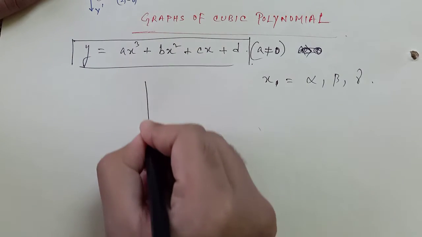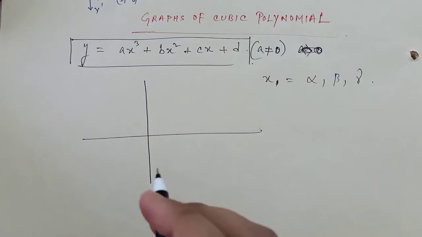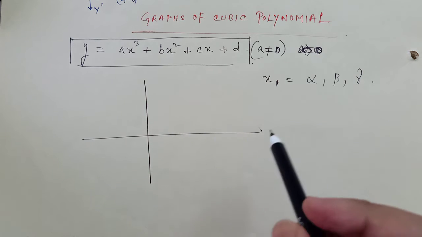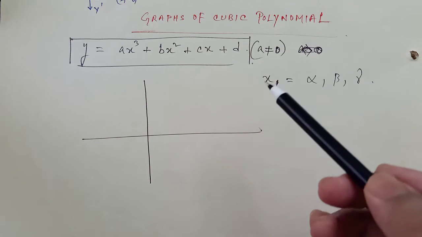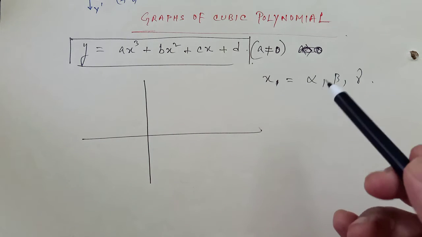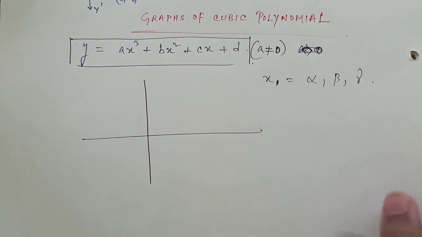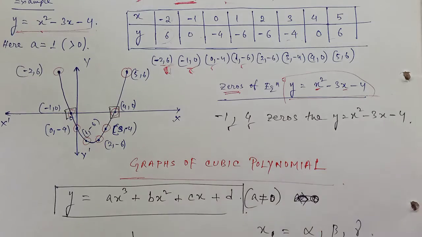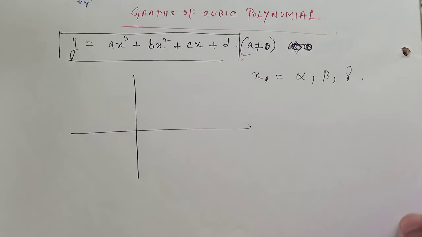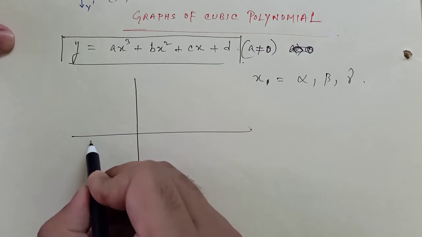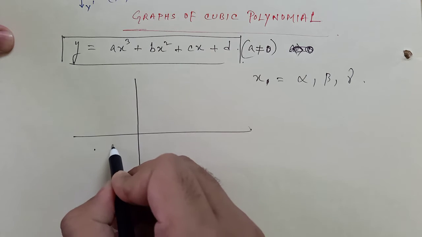So in this case also, if you take any example of a cubic polynomial and plot the values of x and y as we did earlier in the quadratic section, you will get a curve something like this. Okay, maybe something like this.